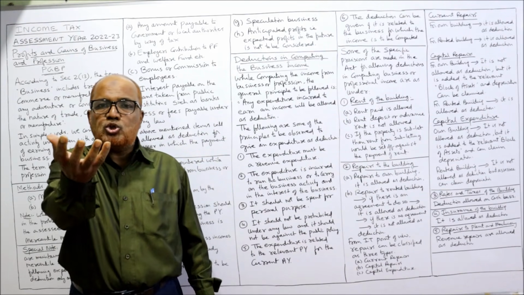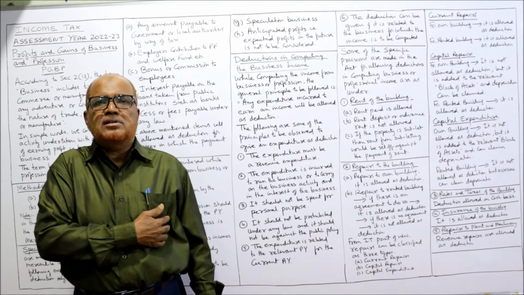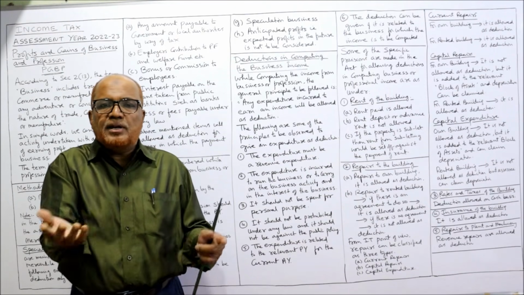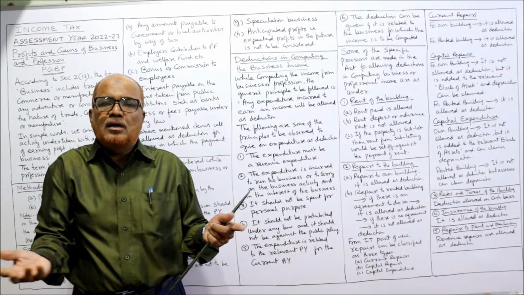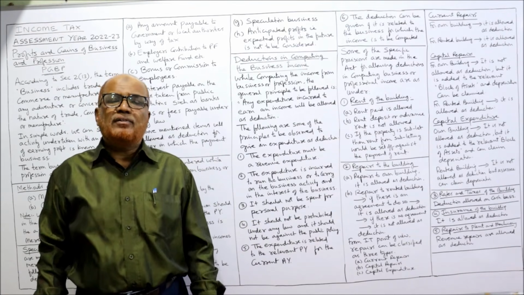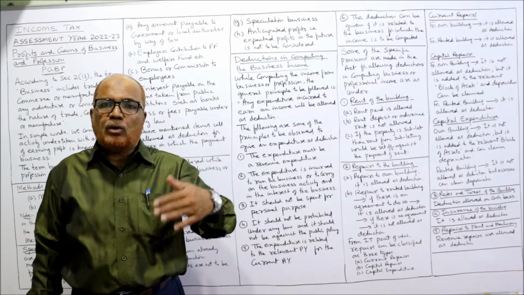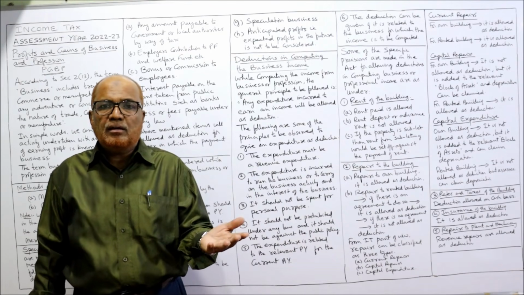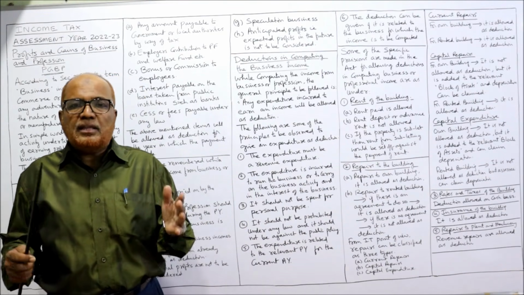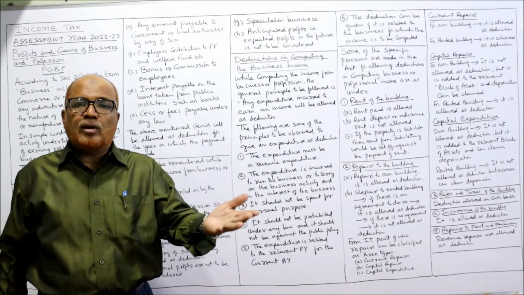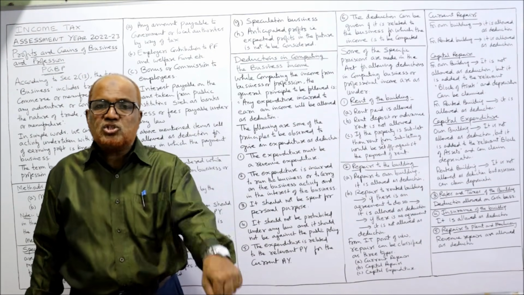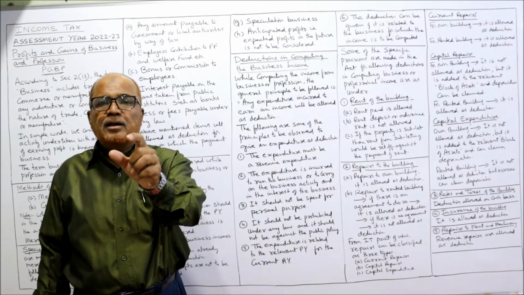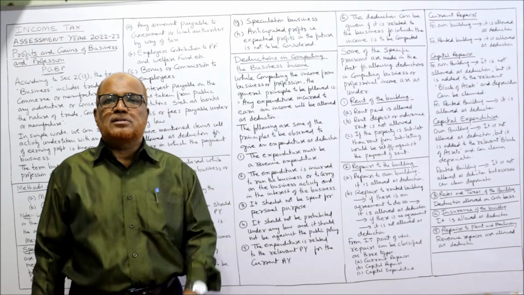So expenditure should be directly related to the business. Without that expenditure, we cannot run the business. For example, we cannot run the business without employees, so we have to pay the salary. Without paying the rent, we cannot run the business. The rent is a must. It is in the interest of the business. So expenditure should be incurred to run the business.